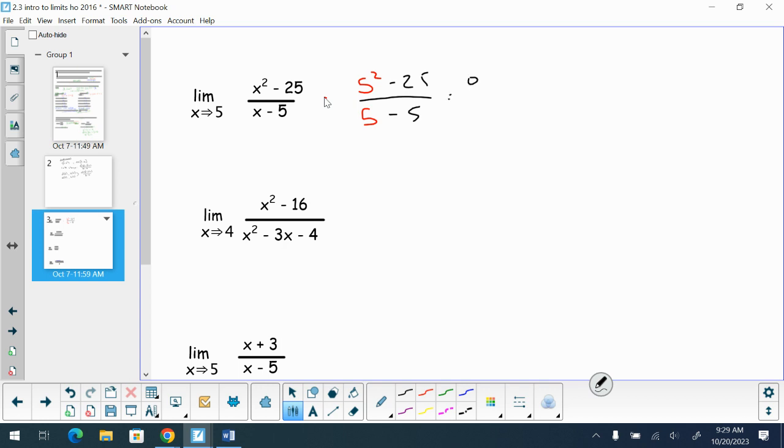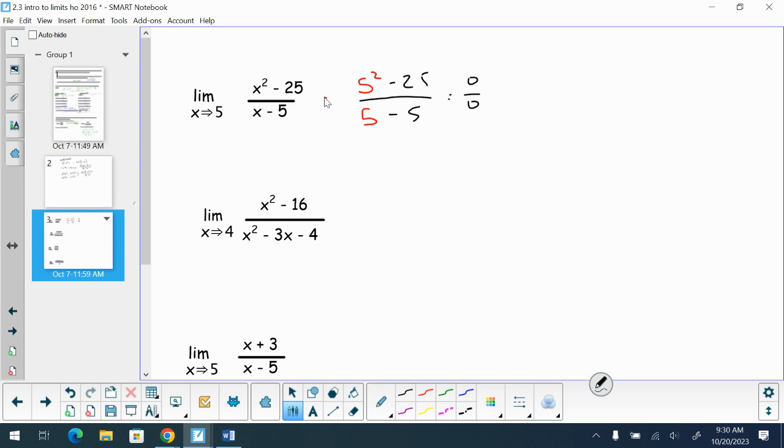We have 0 over 0. So if I would take 0 and divide it by 0, will I get a value? No, Houston, we have problems. So the substitution principle lets us down.